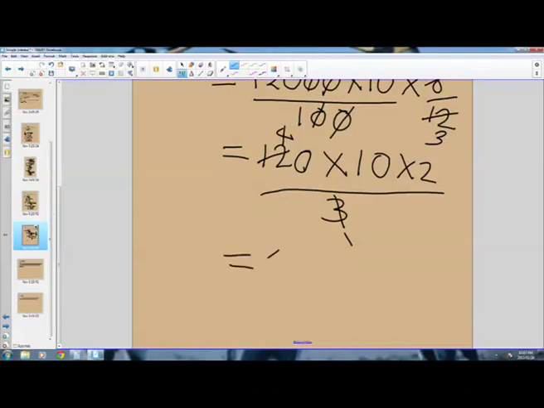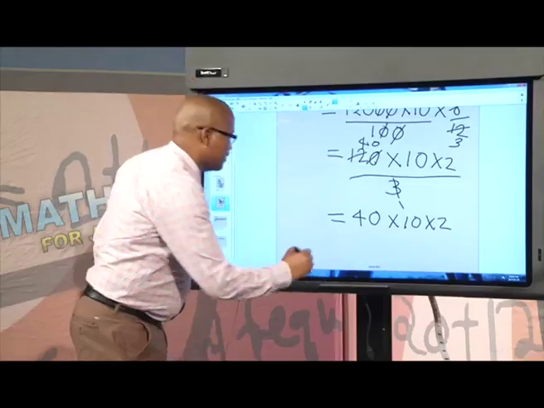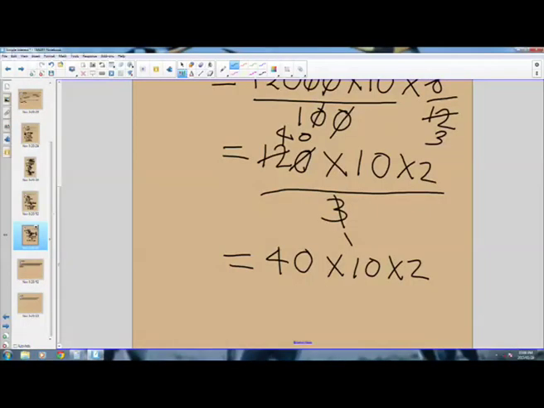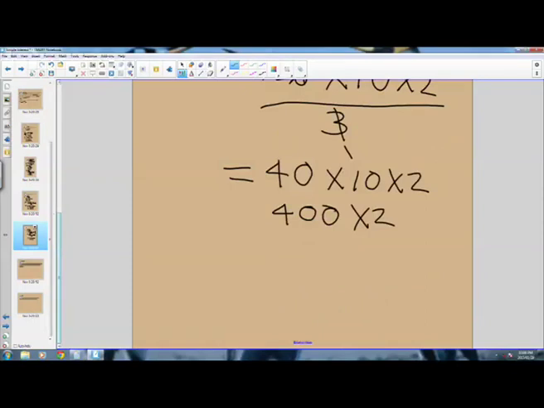We have 40 times 10 times 2, because 3 into 12 is 4, and 3 into 0 is 0. 40 times 10 is 400, times 2. 400 times 2 will give you 800. The answer is 800. So this has answered your question.